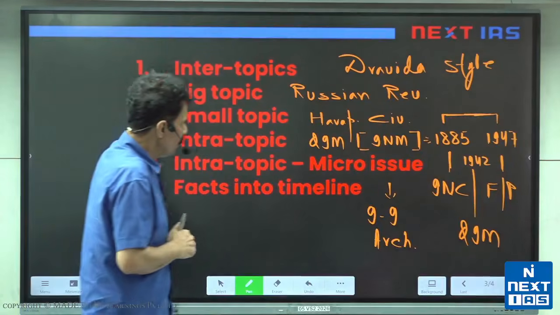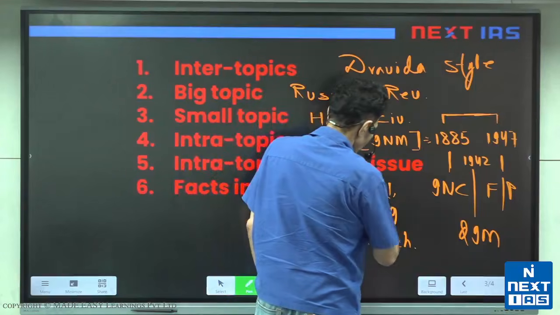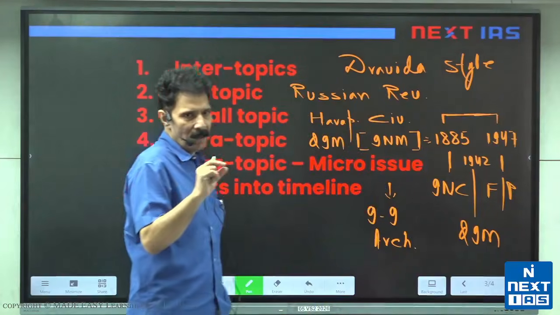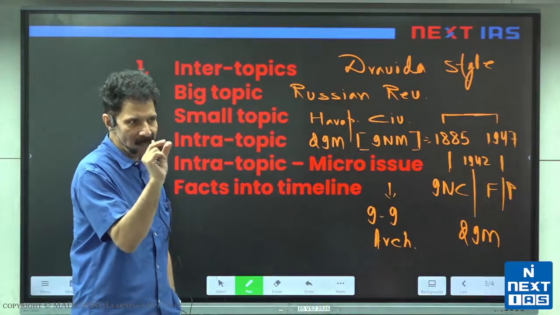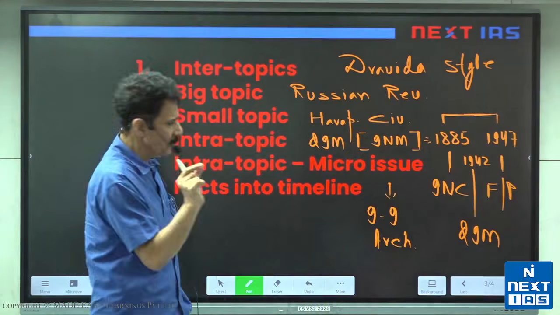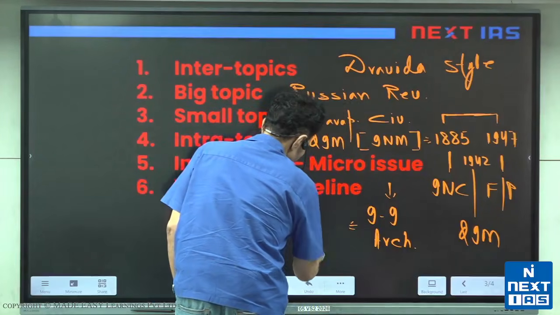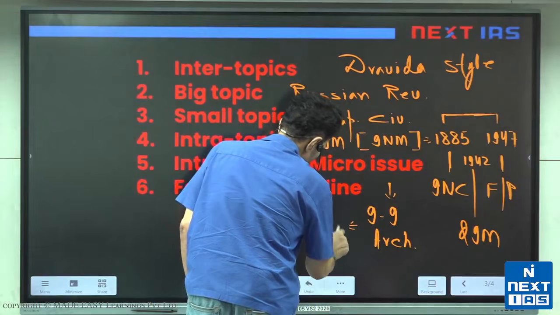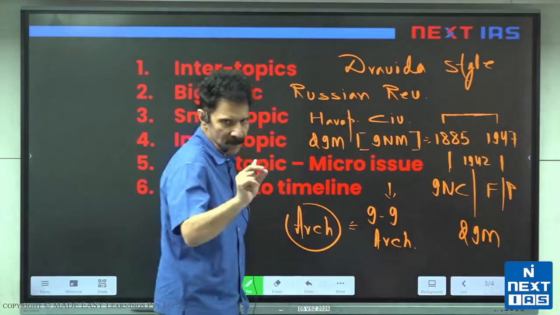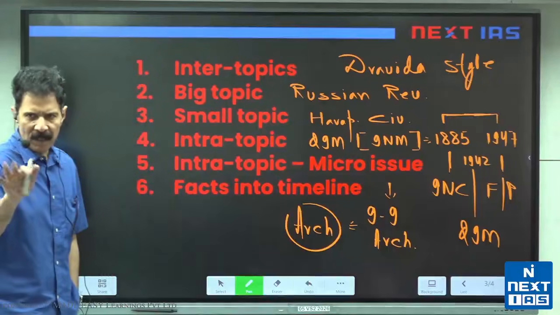Okay. Now, when you study Indo-Islamic architecture, one aspect of it is the arch. Just one aspect. Many aspects are there.